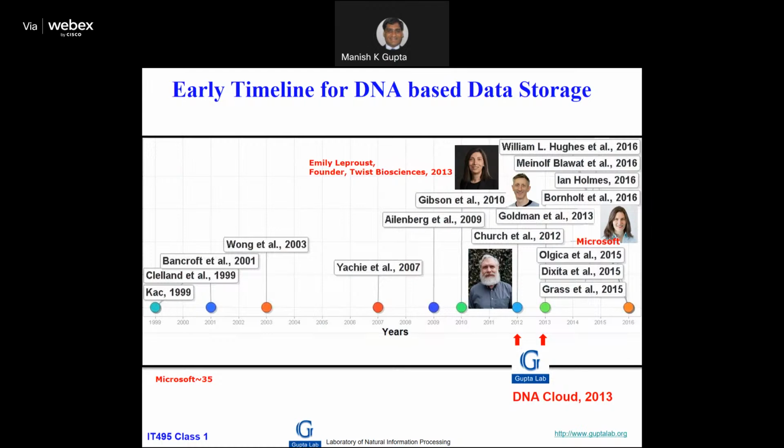I think that company is doing remarkably well. Twist Biosciences in Silicon Valley is one of the pioneers in DNA storage technology right now. They collaborated with Microsoft Research in 2016-17, after the first paper by the Microsoft group in 2016, this paper here.